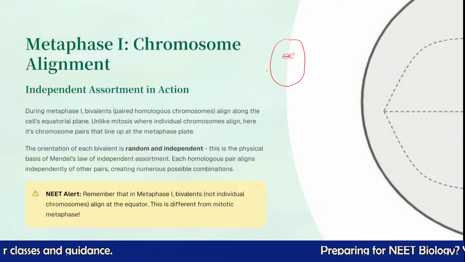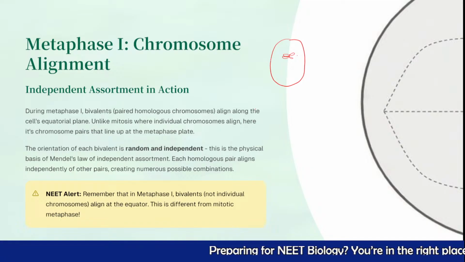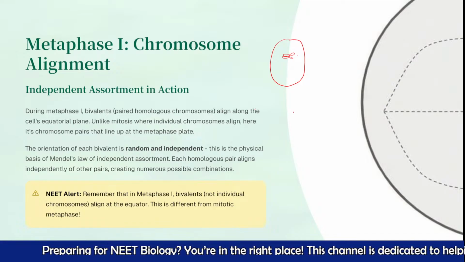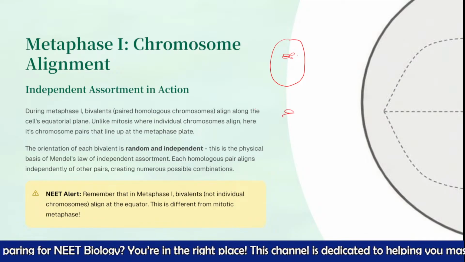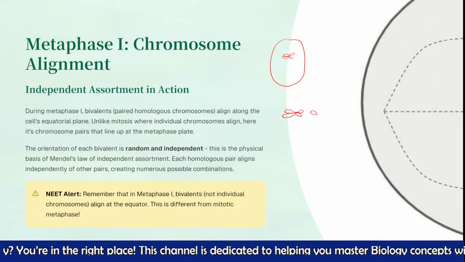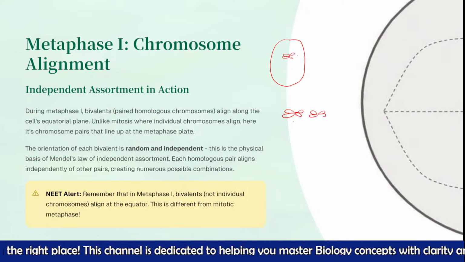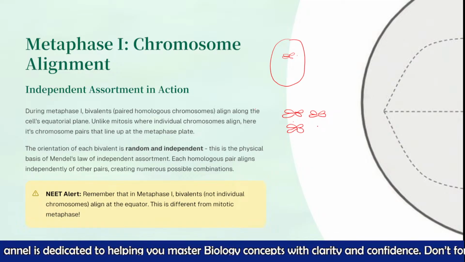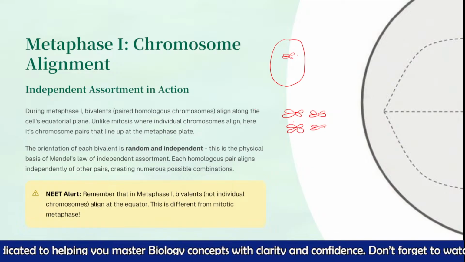But here one difference is there when compared to mitotic metaphase. What is that? In the equatorial plane, the chromosomes are aligned, but two homologous pairs align like this. This is the first pair, then the second pair, like that. You can see the alignment.